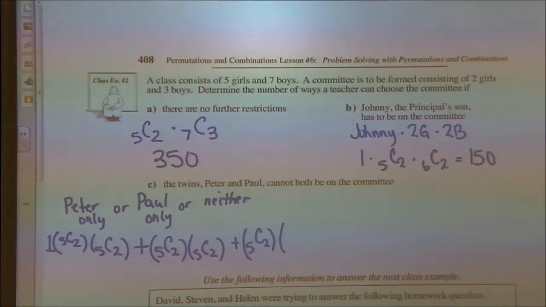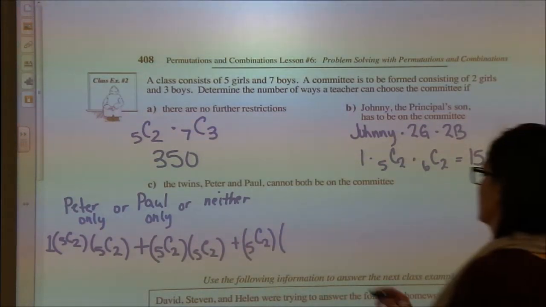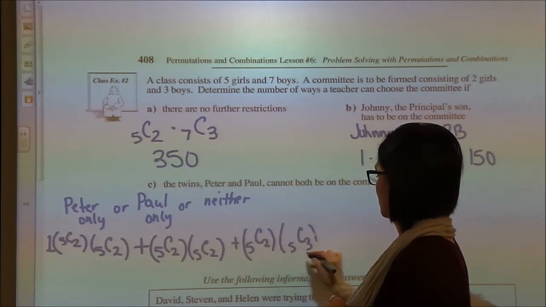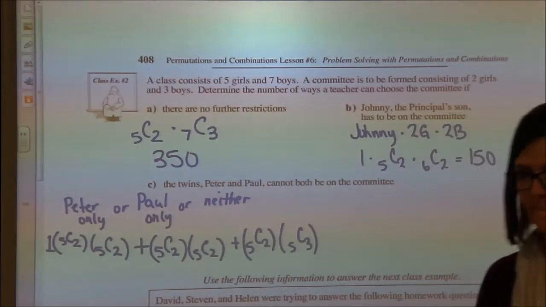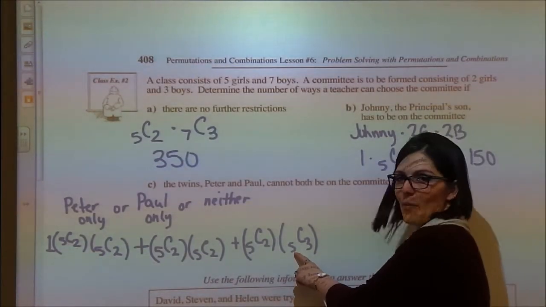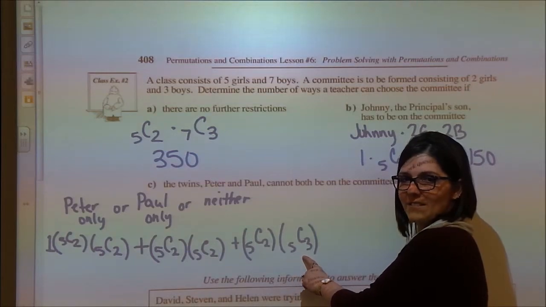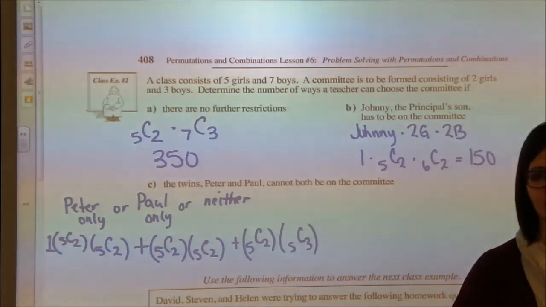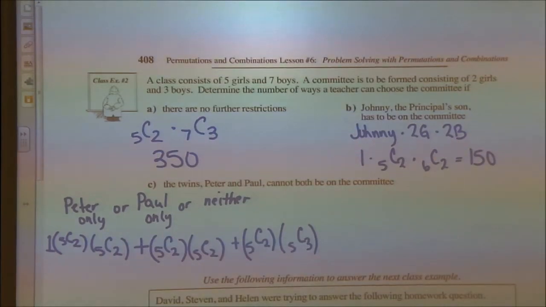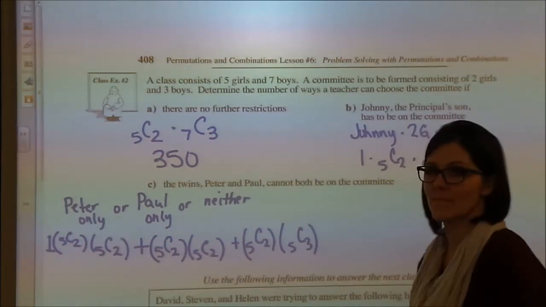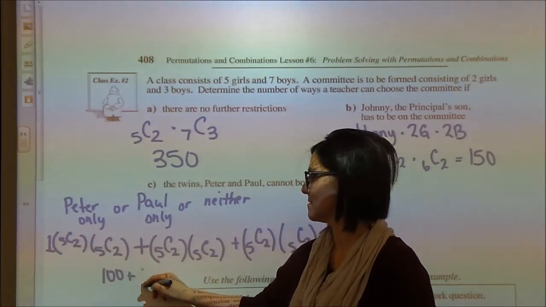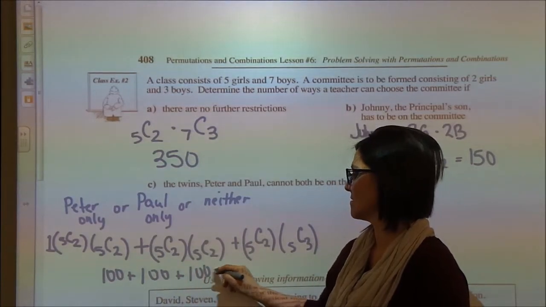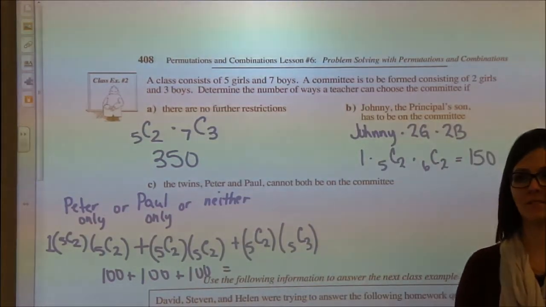What would I have for the boys? 5C3. And 5C3 is the same as 5C2. So what's 5C2? So 10 times 10. How many committees? 300.